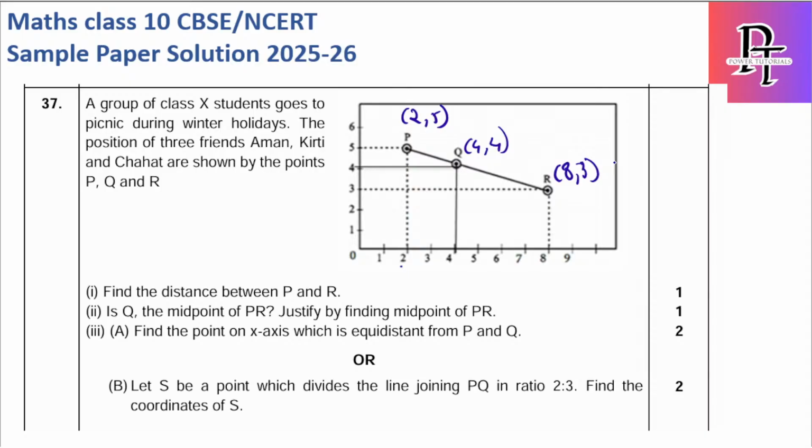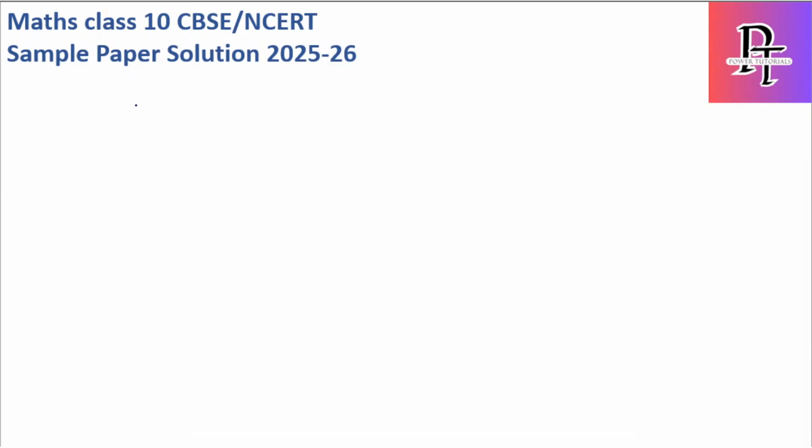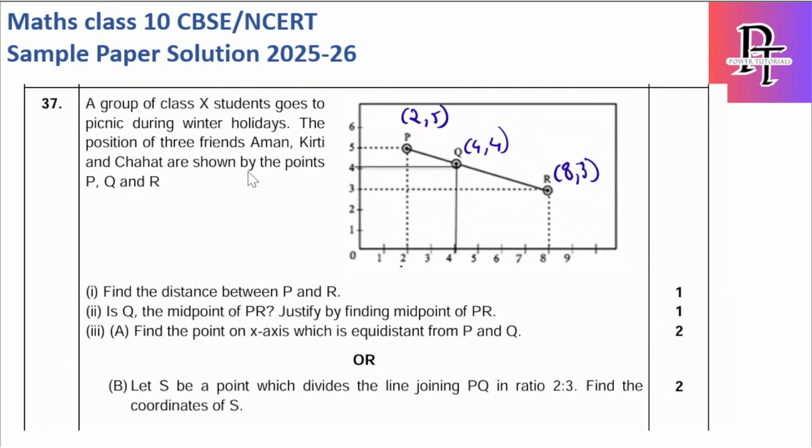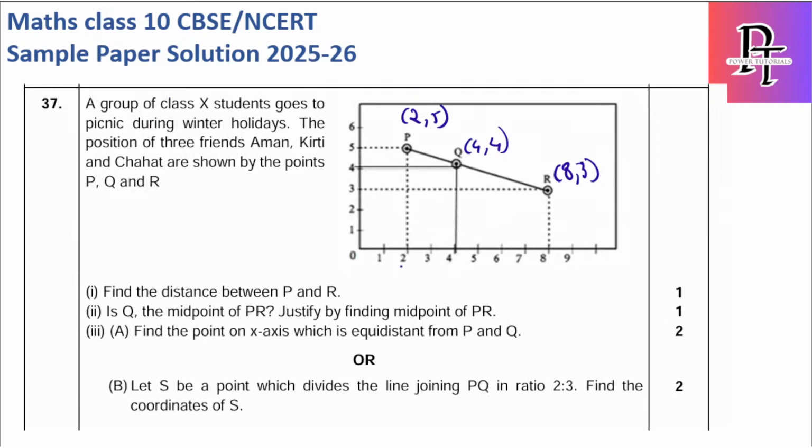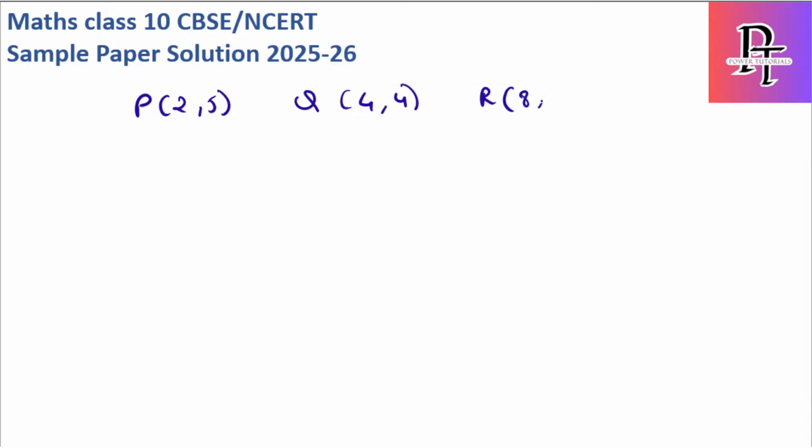Now let's start with the question. Simply asking, first one, find the distance between P and R. It's very easy. We already solved this type of question. P is 2 comma 5, Q 4 comma 4 and R 8 comma 3. They're asking the PR distance.